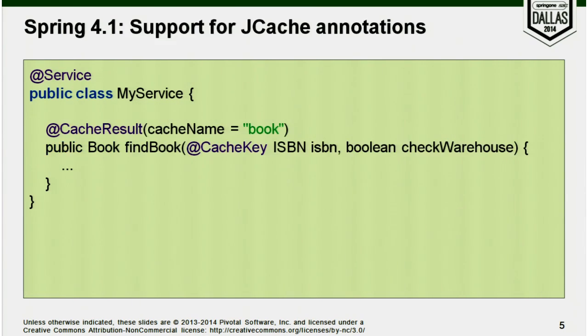Right. An impression of the JCache support. It basically looks like the Spring caching annotations. The Spring caching annotations have been an inspiration for the spec, so it's not exactly a surprise. But nevertheless, the end result in JSR 107 is also different in quite a few ways.